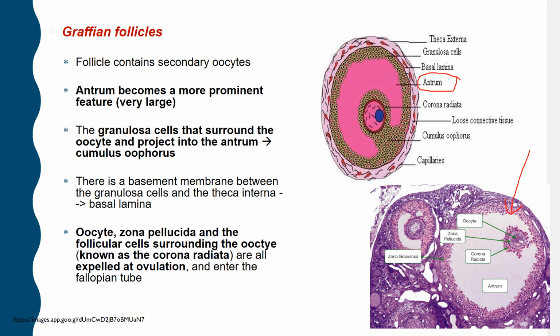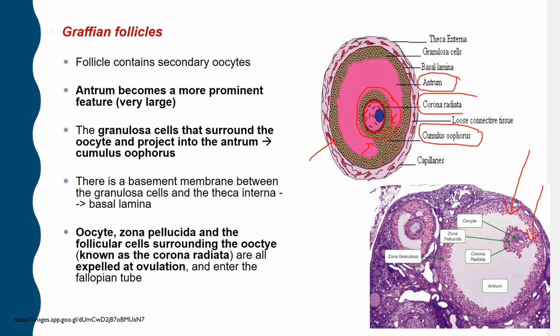And also you will find your granulosa cells, all these cells surrounding the oocyte here. There will be some part that will be projecting into the antrum, and that is known as the cumulus oophorus. That's another structure that you will take note of when you see a Graafian follicle. Okay, so attaching to the cumulus oophorus, you'll find your oocyte surrounded by the zona pellucida and a layer of your follicular cells. So this structure is known as the corona radiata.